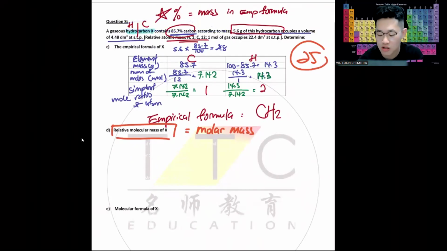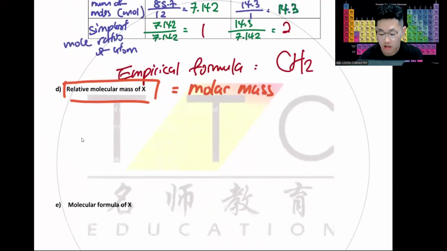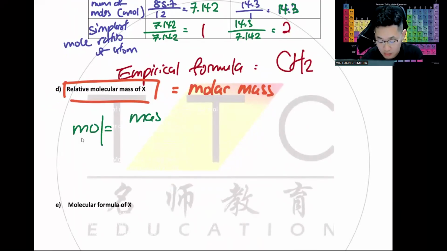Now I have to use the 5.6 gram and also the 4.48 dm cube for this question. In order to get the relative molecular mass, or the so-called molar mass, I will need to use this formula: mole equals mass over molar mass.